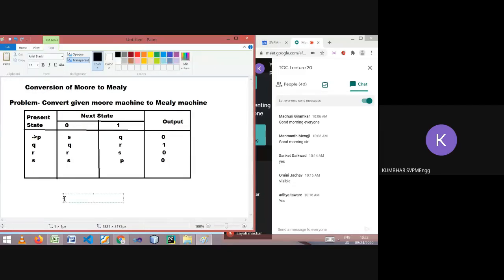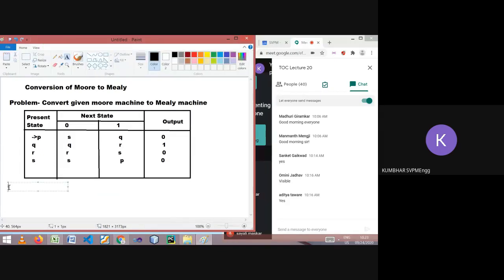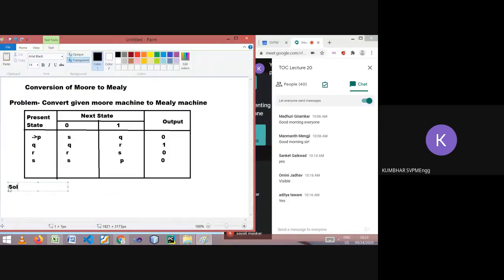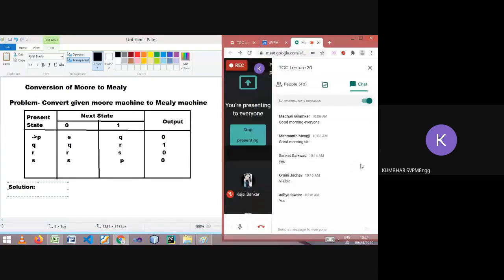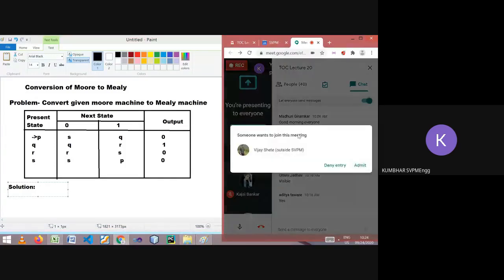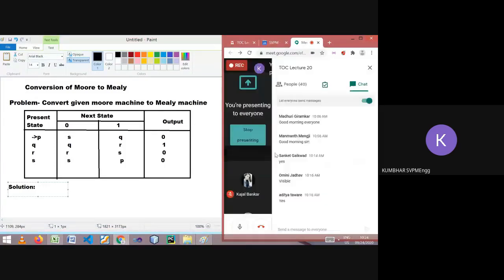Okay. Now listen to the steps, how we are going to solve it. You have to remember 2 steps. Step 1, we have to construct the Mealy machine by moving the output associated with the state.